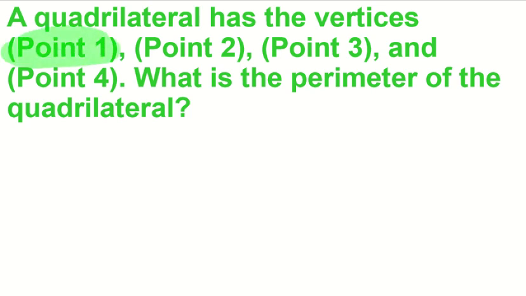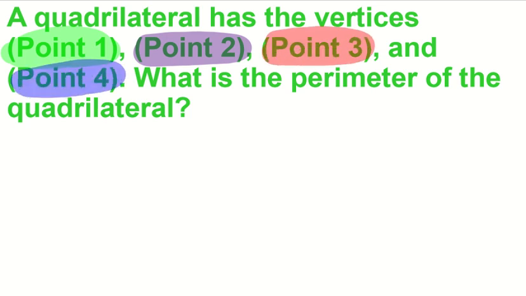So if we say we got point 1, point 2, point 3, point 4, what we have is a rectangle that ends up looking kind of like that. To find perimeter, we need all sides. But really, you just need to find length and width, and then you can match it. To find area, you just need the length and the width.